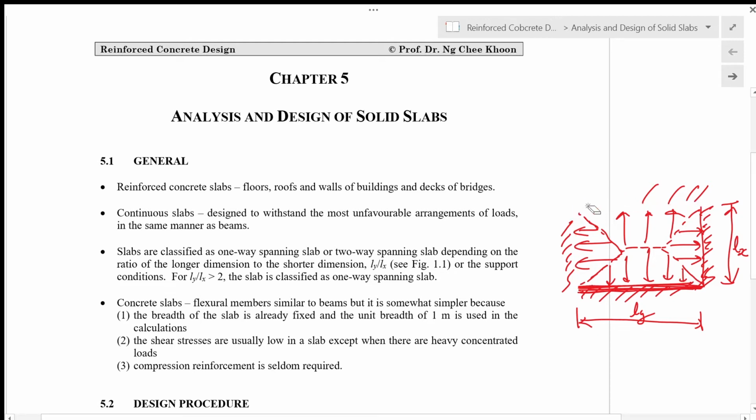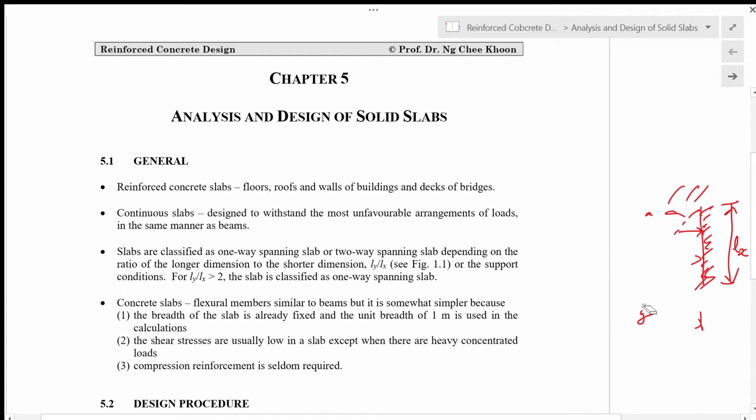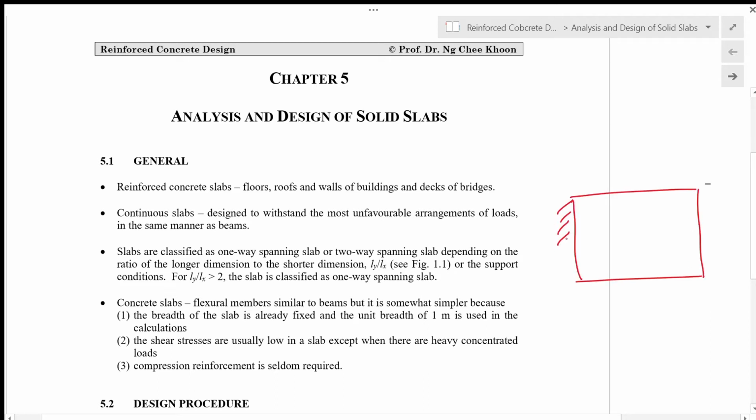Sometimes when we look at the physical support conditions of the slabs, in a case where you have supports only on this side and this side, there is no beam over here and no beam over here as well. You have only beams here and here.